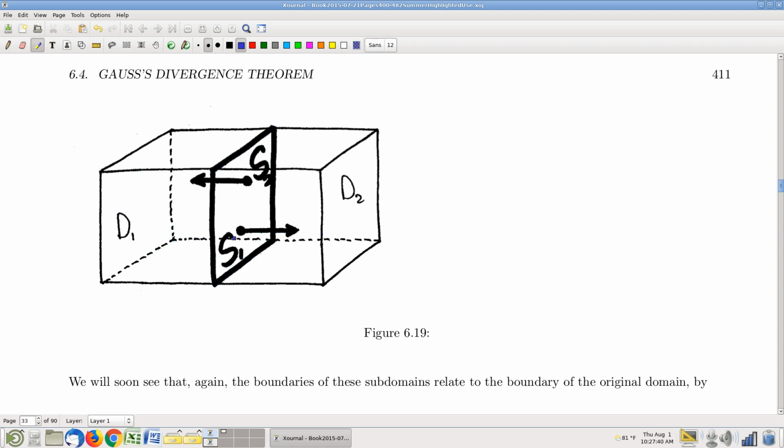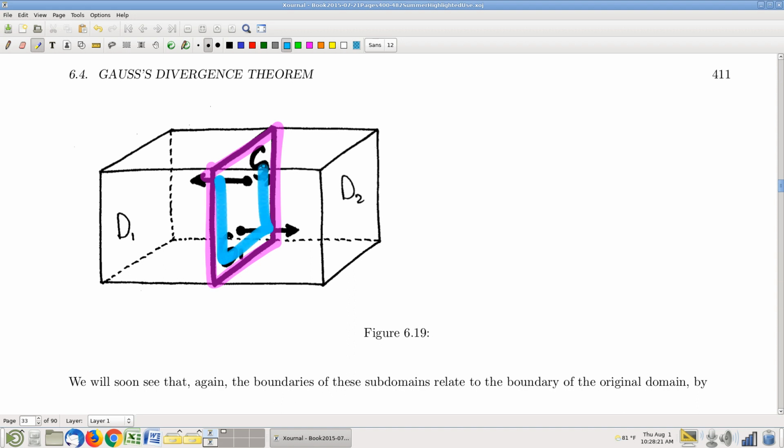Now, let's look at the other side. This solid, its boundary consists of that face oriented that way, and this face oriented that way, et cetera, and among others, we've got this face, and as part of the boundary of D2, it is oriented that way, again, away from the solid. So this face here, if we look at the boundary of D1 plus the boundary of D2, that face appears twice.